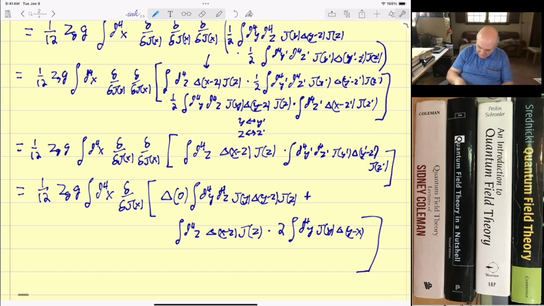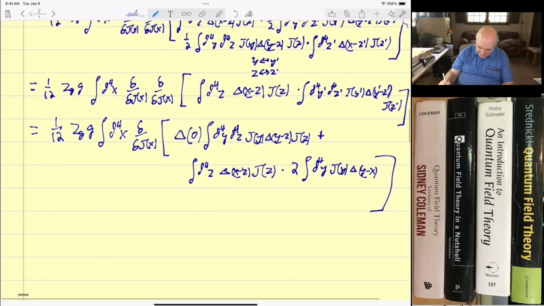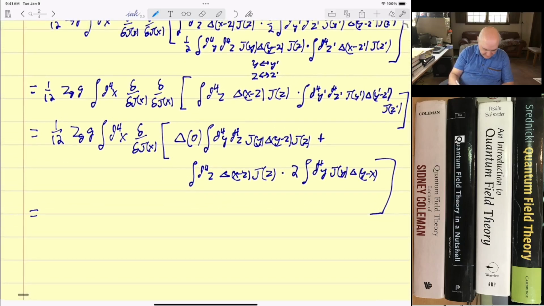One more derivative to go. So this is equal to 1/12 ZGG integral d4x. Now let's see what we got here. Again, taking the derivative of this standard term, which we always get, it gives us a factor of 2. First I have del 0.